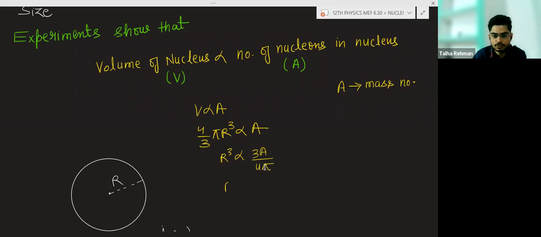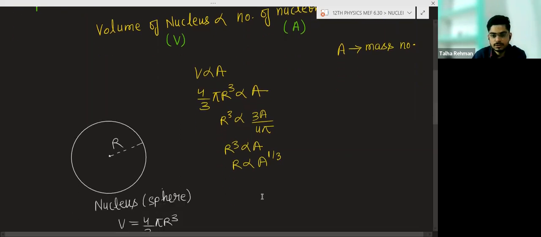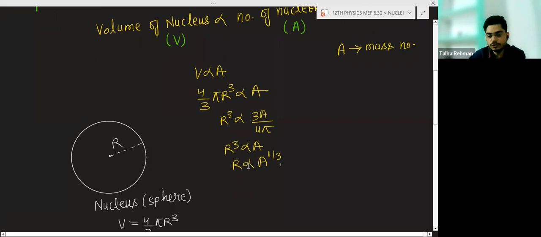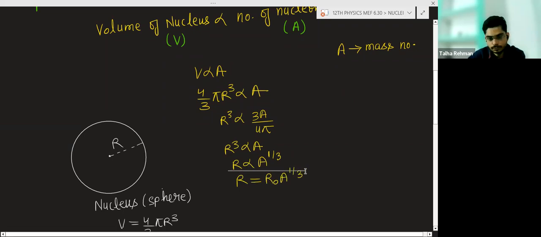So you can say r cube is directly proportional to A. Before removing the proportionality sign, R can be written as A to the power 1 by 3; you take the cube root on both sides. When you remove the proportionality sign, you get a new constant, that is R naught. And R is the radius of the nucleus.